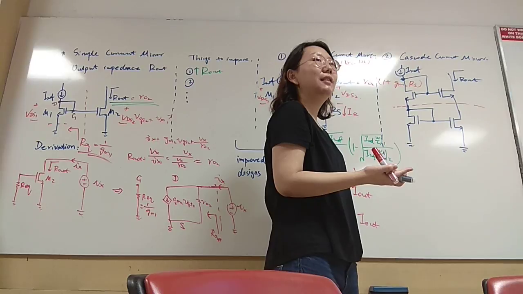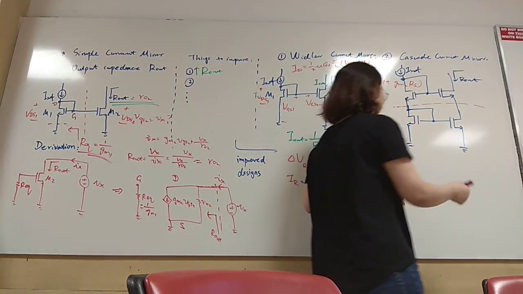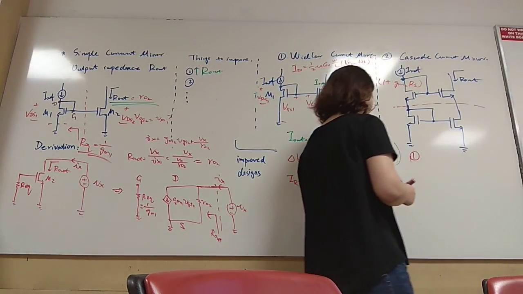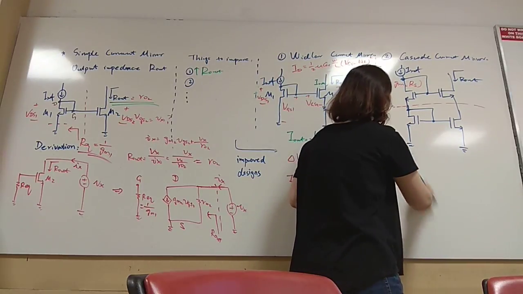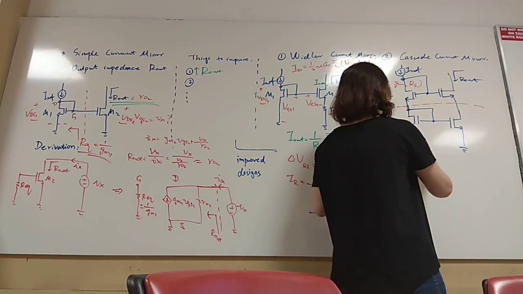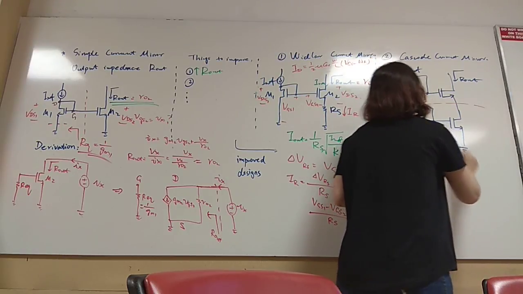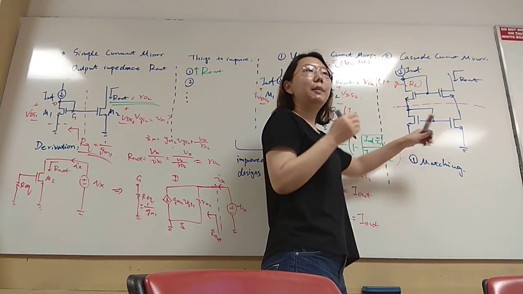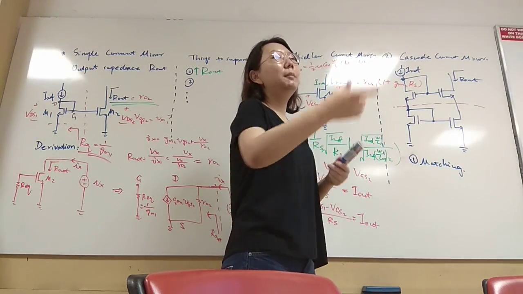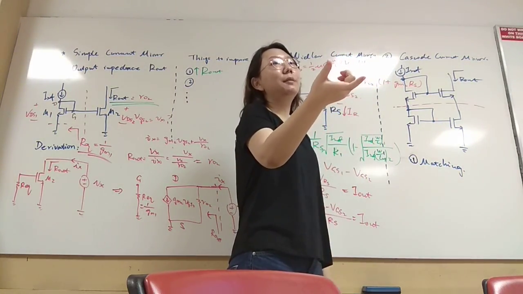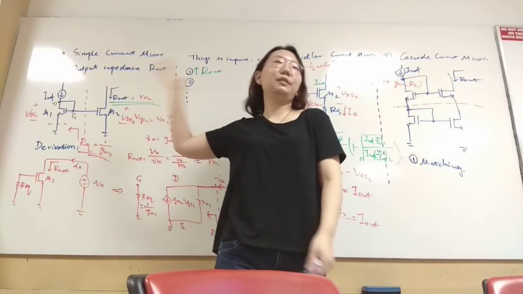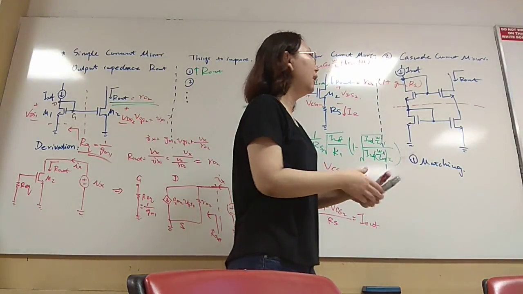How to get matching? First of all, we discuss about matching. Why do we say this structure improves the matching? By saying matching, basically we are looking at the VDS of my transistor, right? Because you see over there, we are talking about VDS. How about the VDS?